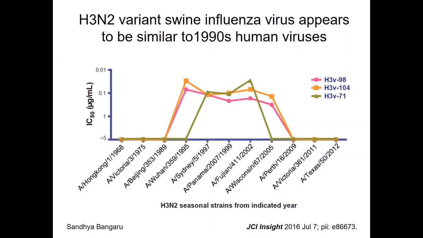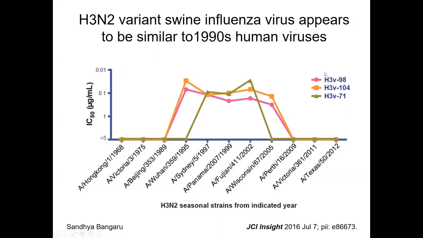So now I'm going to talk about the H3 variant viruses. We've made human monoclonals, again, from vaccinees in our experimental unit here, who were inoculated with H3 variant subunit vaccines. So not the conventional seasonal ones that we've all been getting, but an experimental vaccine that incorporated the H3 variant HA.